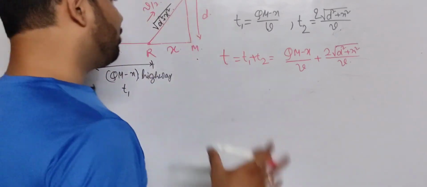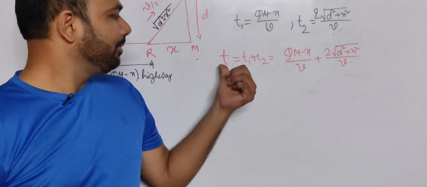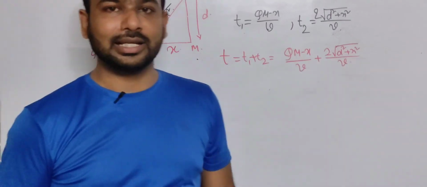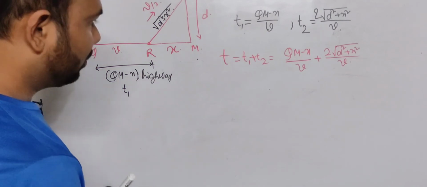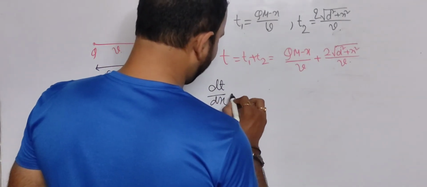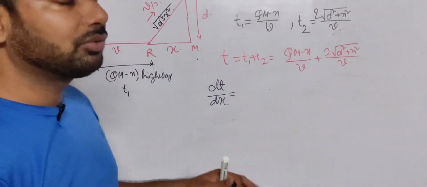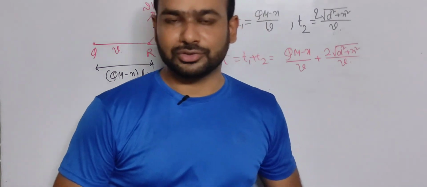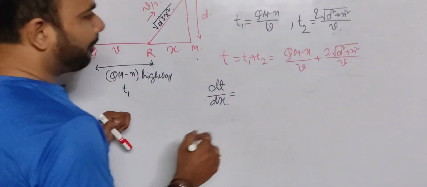This is a concept of maxima and minima. To find the minimum time for a certain distance, we have to differentiate time with respect to x. So dt by dx. If you are in class 11, you will study maxima and minima in class 12. If you are in class 12, you can easily grasp this.